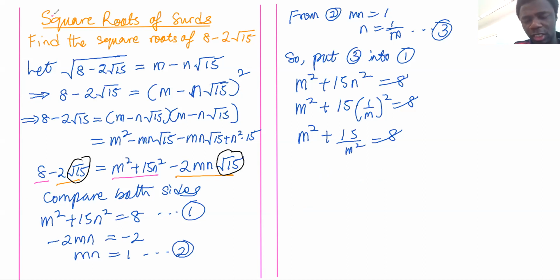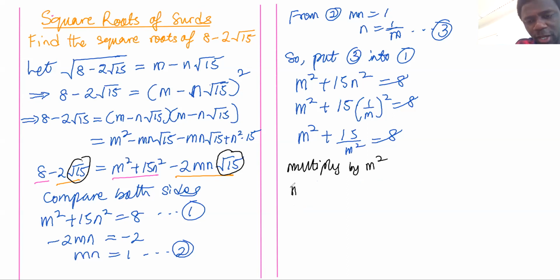So one option, this is where I will stop, then you can continue. One option is to just say, okay, clear the fraction. Let's say we don't know what to do. This will be m to the power 4, sorry. You know what I mean by clear the fraction, right? If you multiply through by m squared. Let's divide it into 2 parts. Multiply by m squared.